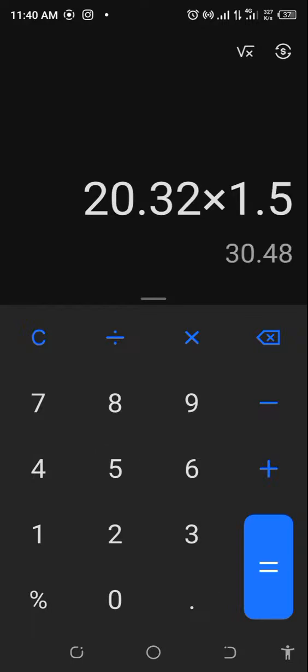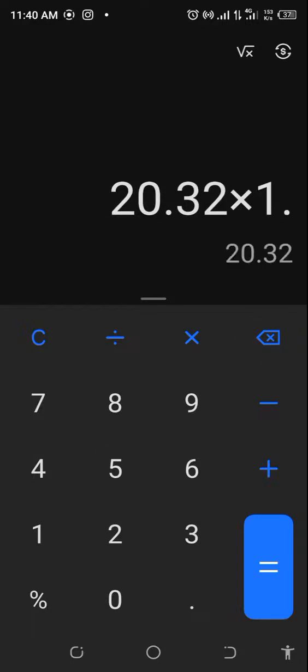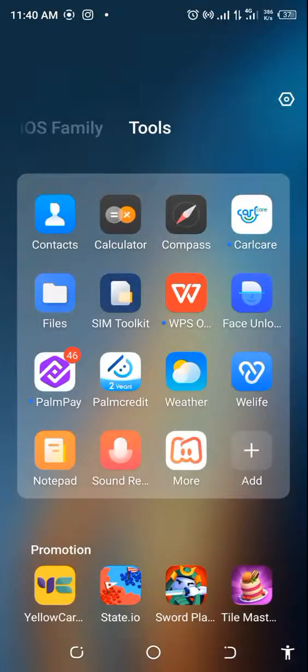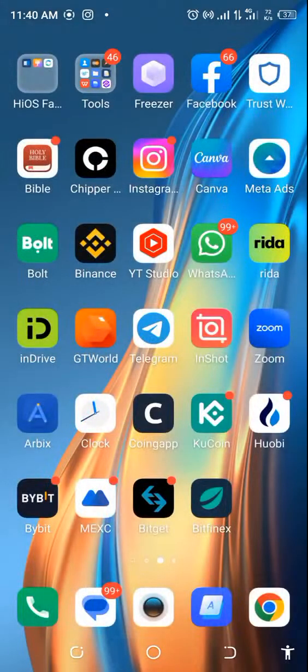So that's going to give me 20.32 times, let's say 1.5. What's that giving me? Oh, it's more than 1.5, 1.8, okay, 1.7-ish. That's fine. So let's quickly go ahead and try this out and see how this works.